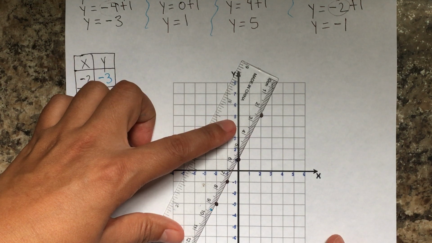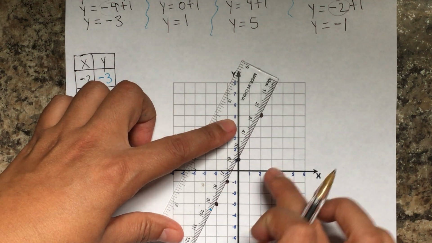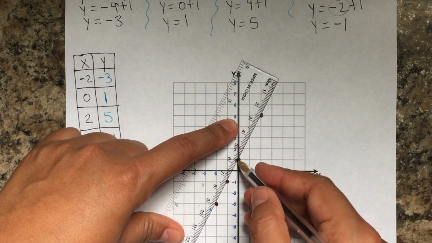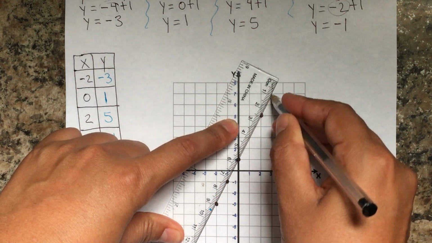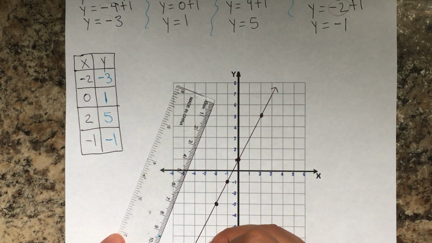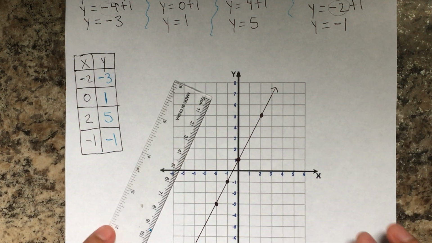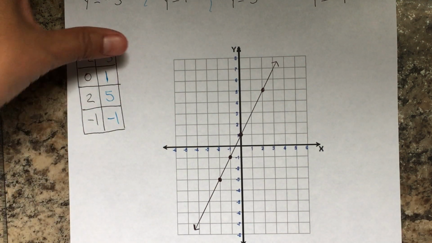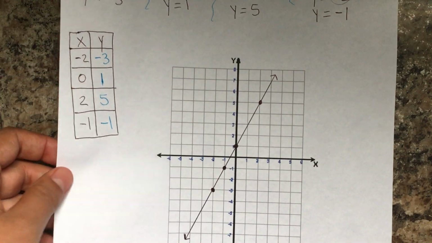If I get something wrong, then like one point is over here, that means that that's the wrong point and possibly the rest are correct. Okay, so we're going to draw the line and then put 2 arrows, meaning that it goes infinitely in both directions. Okay, so that's the first example. If you need to copy it, you can pause the video.